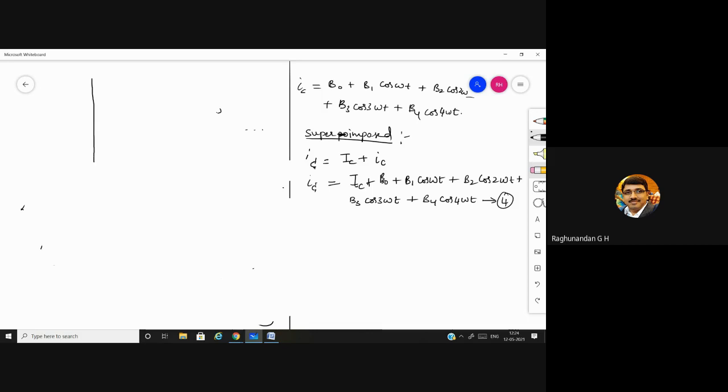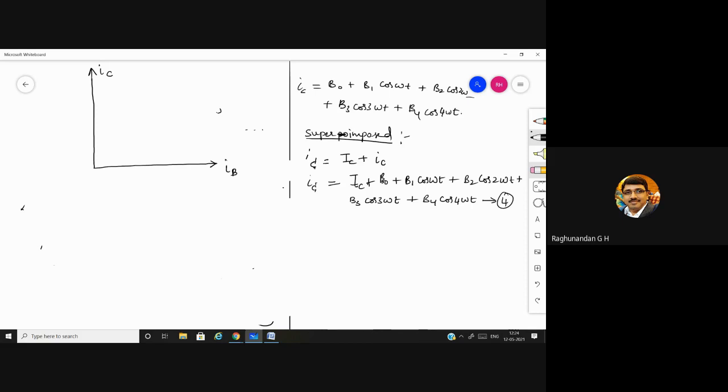Since we are going to consider higher order harmonics, instead of taking the VI characteristics, we are going to take the IC and IB characteristics. To find out higher order harmonics, we will not take VI characteristics, we will take IC, IB characteristics. So IC will be here and IB will be here.